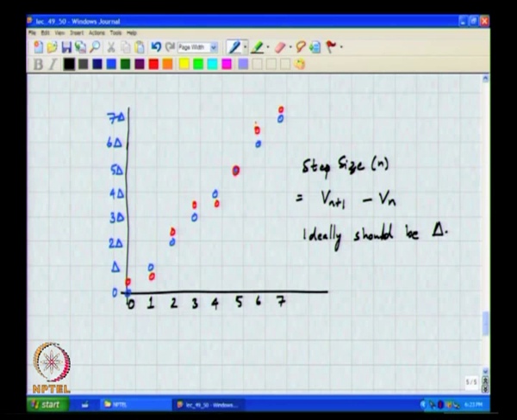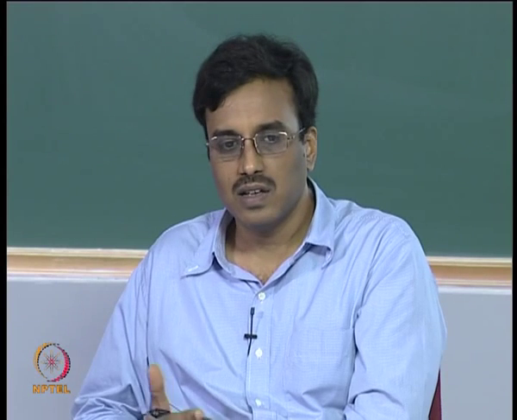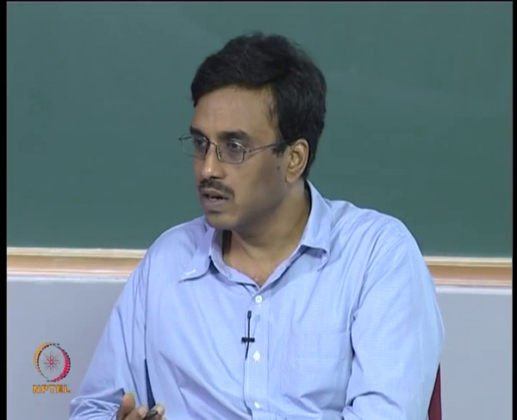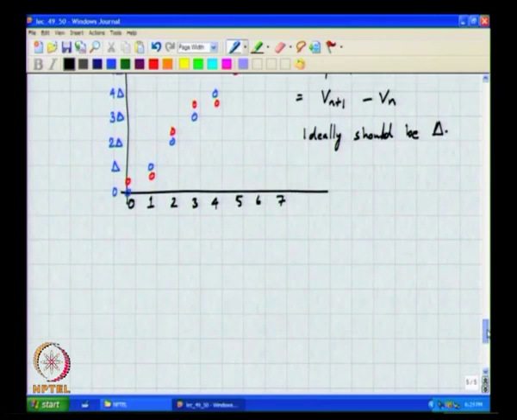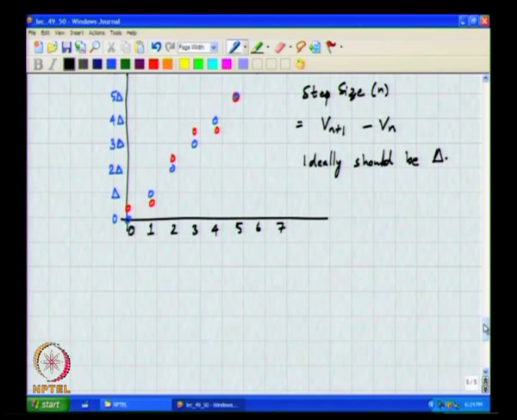So, how can you quantify the deviation from the ideal step size? We know that they all should be about delta, and we are actually interested in the deviation from delta. So, analogous to the A to D converter case, the deviation from the ideal step size is V n plus 1 minus V n minus delta, which has absolute units of, in this particular case, volts, right.